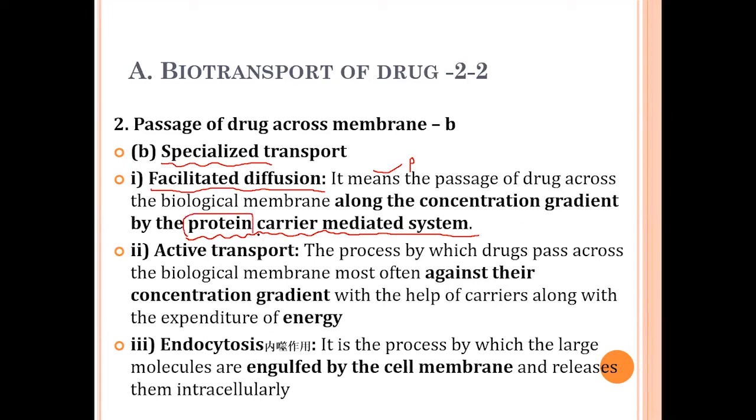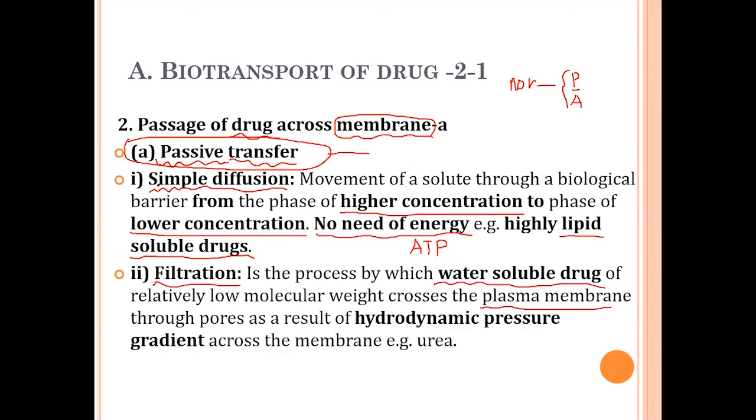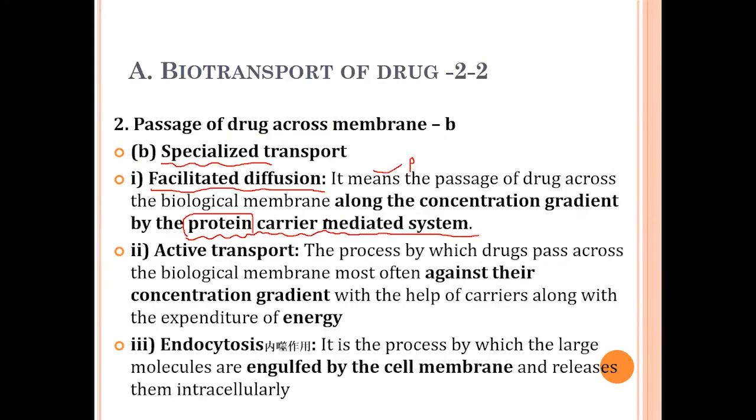The first one we talked about is simple diffusion: no energy, no protein needed. If they don't need energy, but they need protein help, we name it facilitated diffusion.